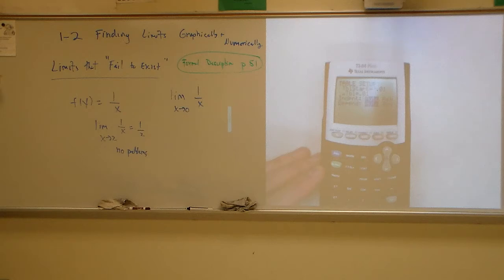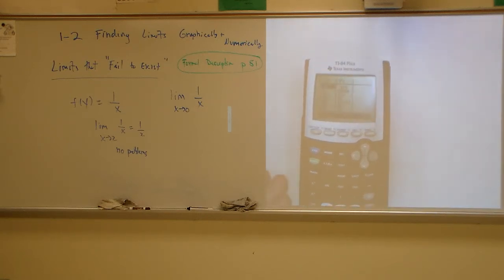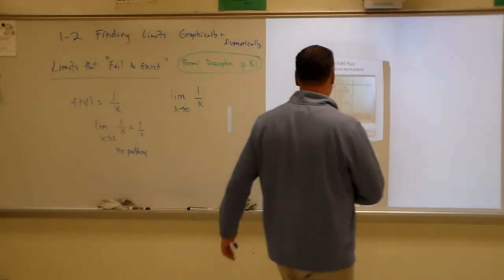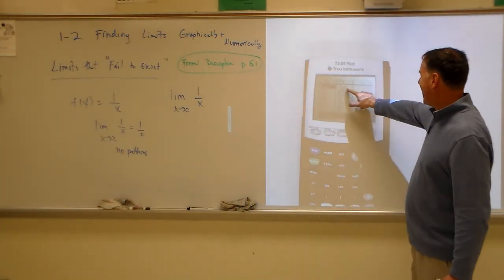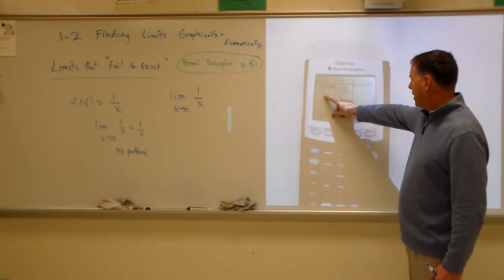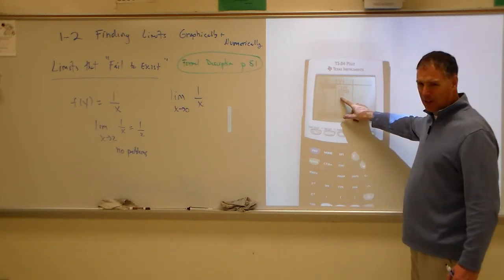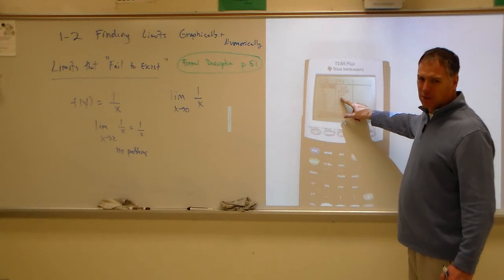I could do either positive or negative there. So let's go to our table and see what that looks like. If you look at our table, you might not be able to see it, but when I plug in negative 0.01, I get negative 100. When I plug in 0.01, I get positive 100. Okay, so this one doesn't exist.